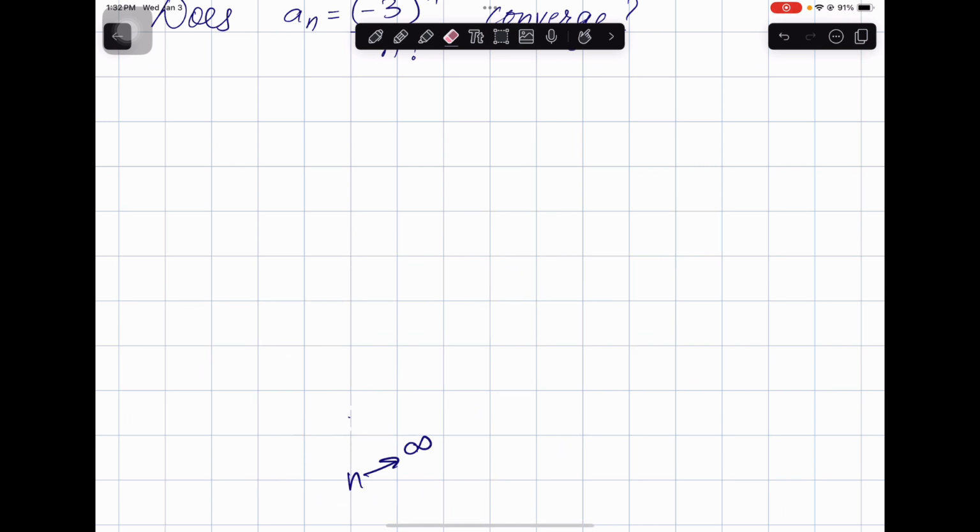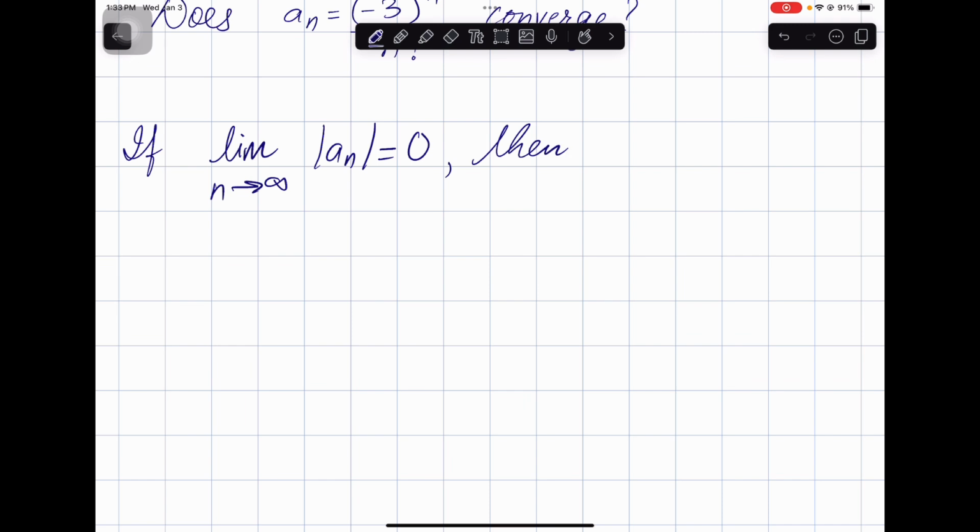From this theorem, we can come up with a corollary: if the limit as n tends to infinity of the absolute value of a_n is equal to 0, then the limit as n tends to infinity of a_n is also equal to 0.